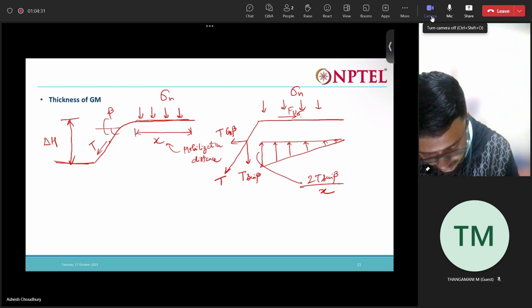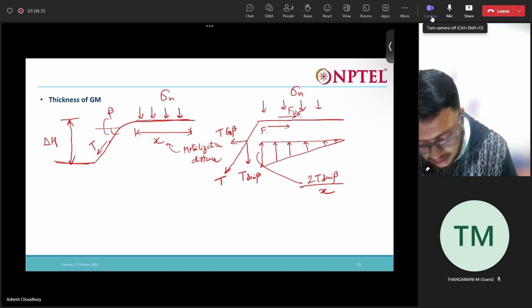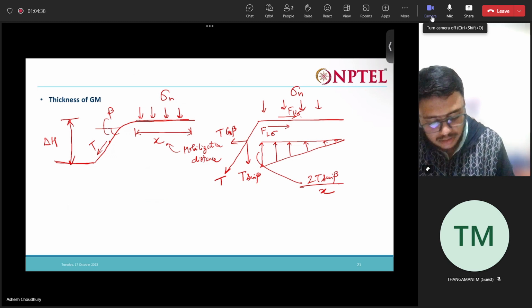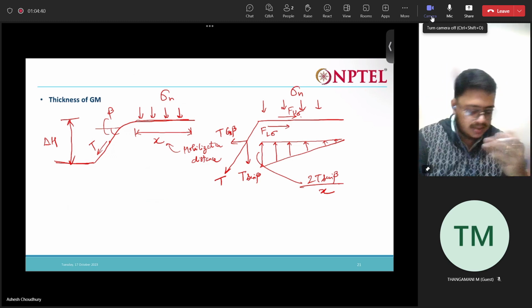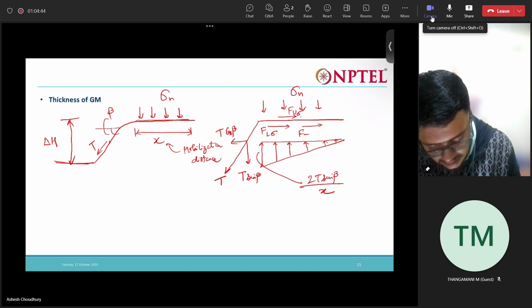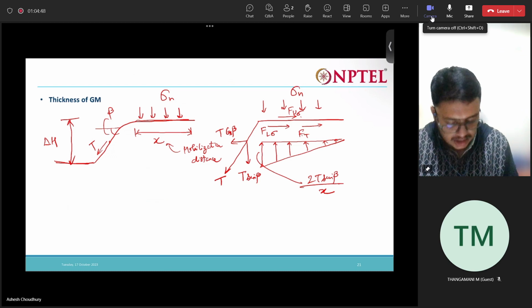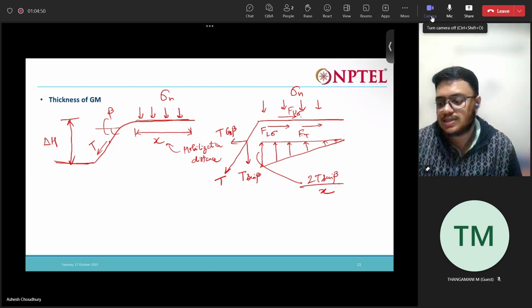At the bottom, we have two more forces. One is low delta, this is friction due to the frictional resistance in the lower layer, and also FLT due to this T sine beta component.